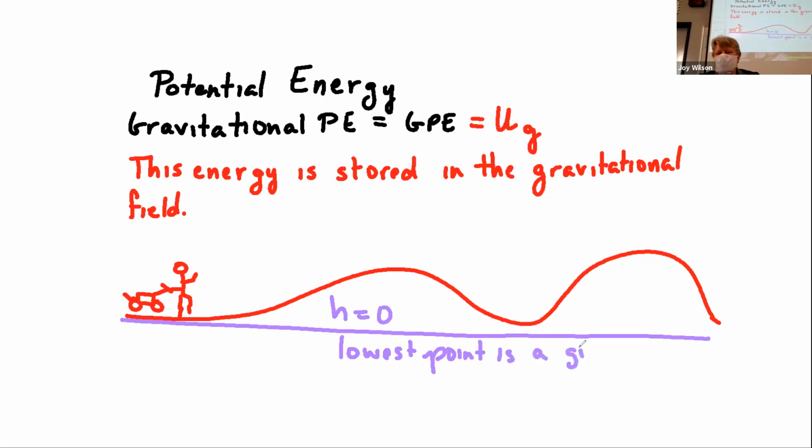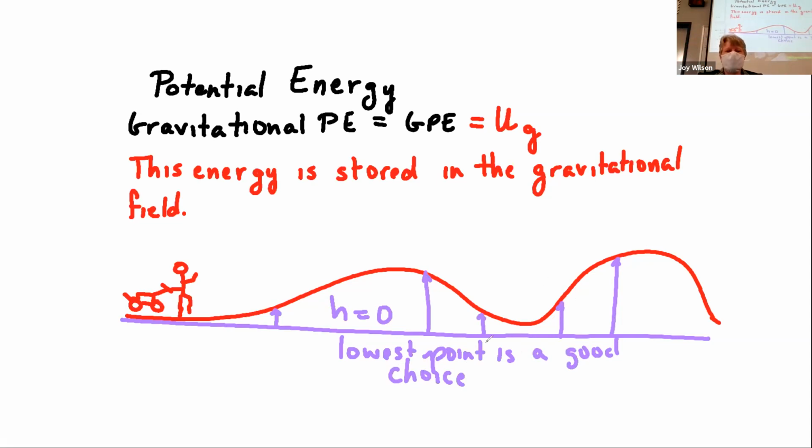That is a good choice. The reason we want to do that is because that way every place I go is a positive number, because every place I go would be either the same height as 0 or a positive number.